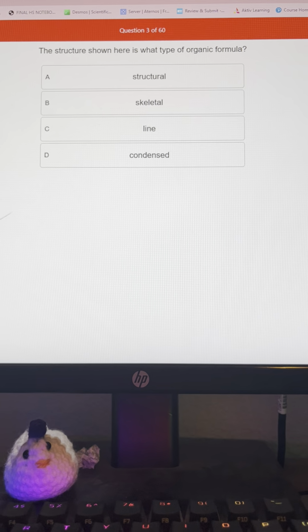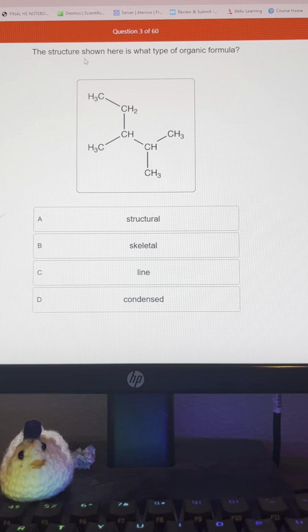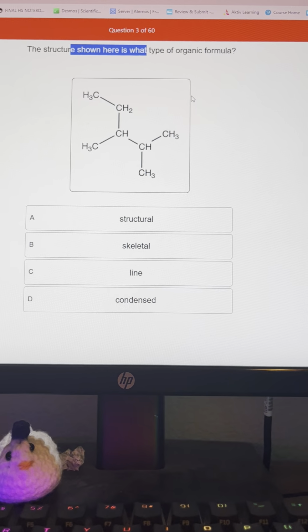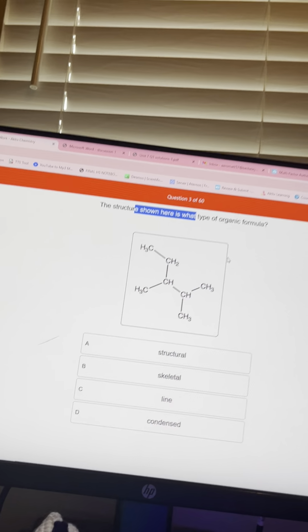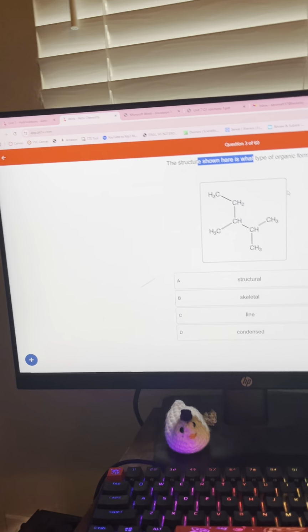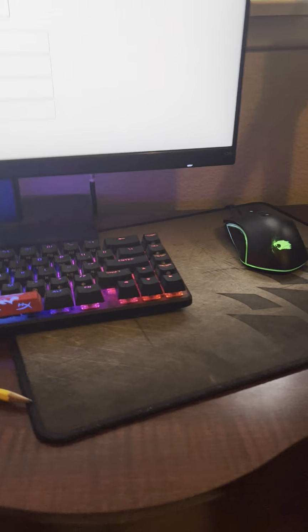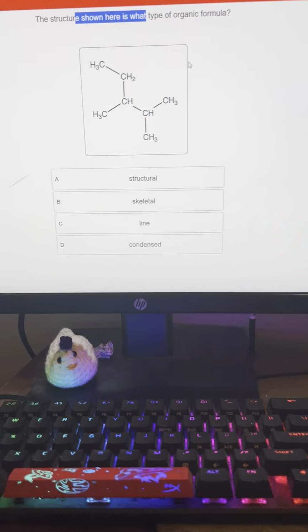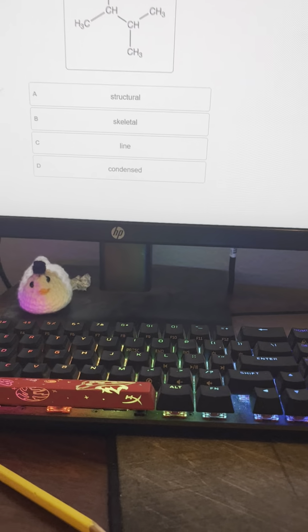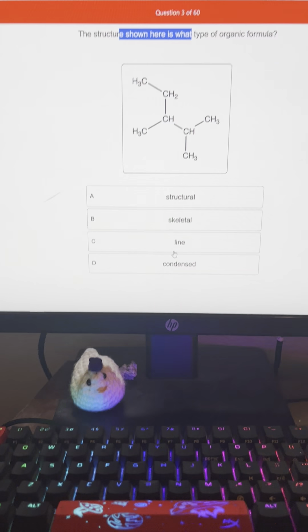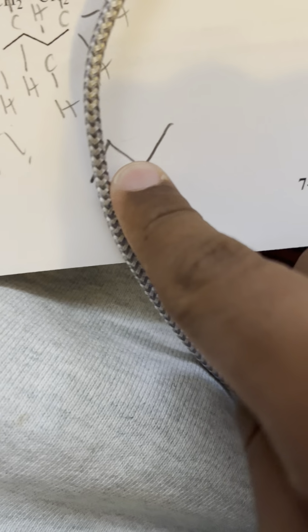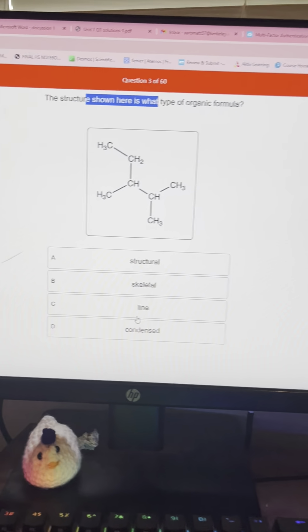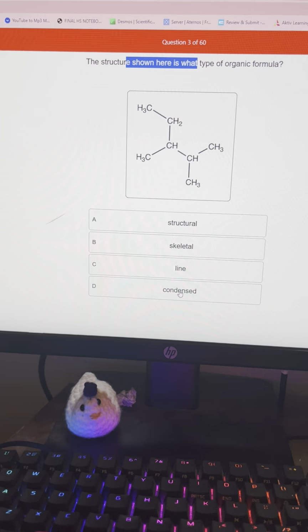Okay. So we have here several different kinds of formulas when representing an organic compound. So you have a line formula, something like this. I'll explain it to you because it's a little hard. We have condensed.